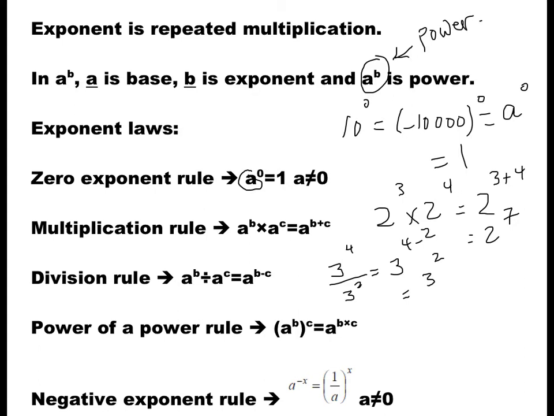Example, if I have 4 exponent 2, the whole thing to exponent 3, then it's going to be 4 exponent 2 times 3, which is 4 exponent 6. Again, as long as a is not equal to 0. This is called the power of a power rule. So far, you know 4 rules, which you remember from grade 9.